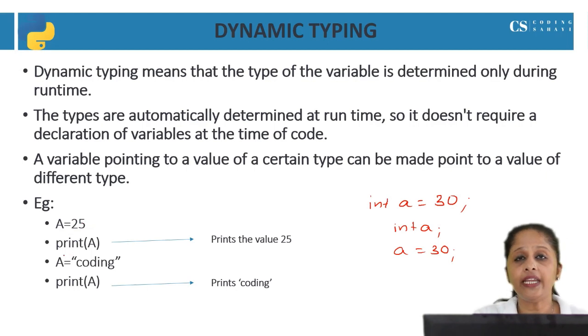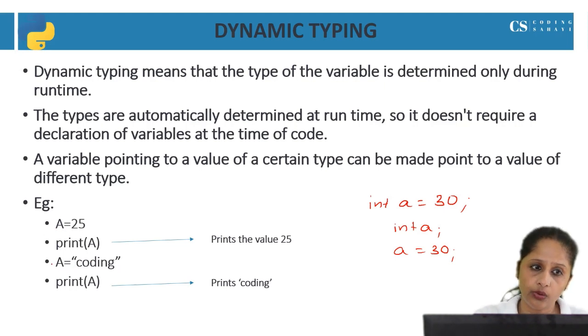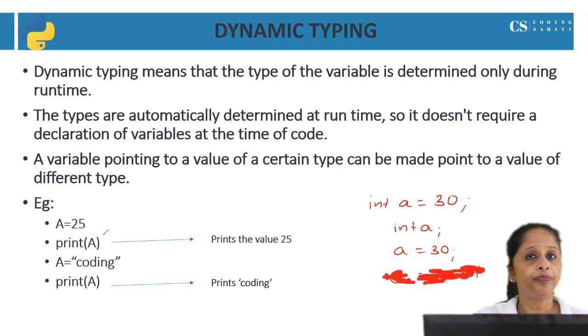After that you can change that also. Here if you print the value of a, it prints the value 25. After that you can write a equal to coding. So here using the same variable, you are assigning a string to the same variable.